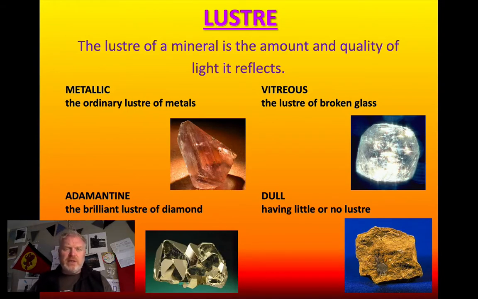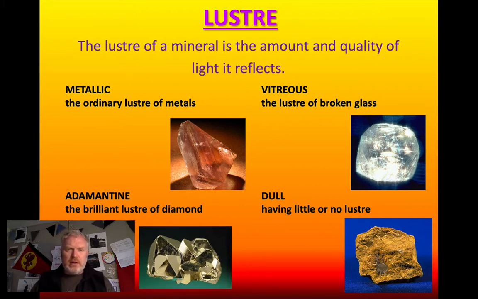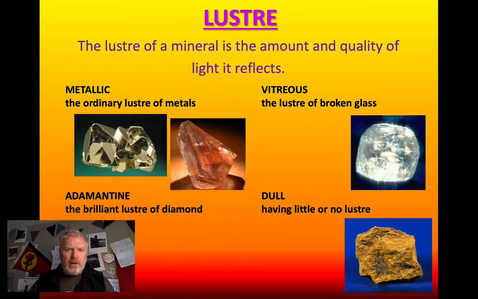Our final property in this lesson is called lustre. Now lustre is a descriptive term about how a mineral reflects light. And there are three main terms we use. They are metallic, where a mineral reflects light like a metal.